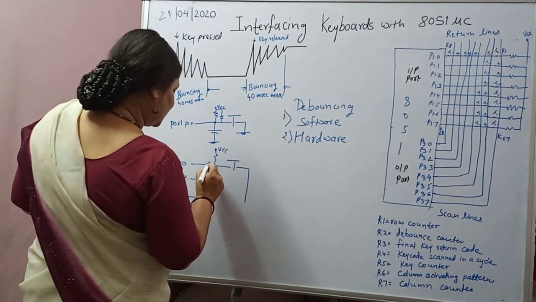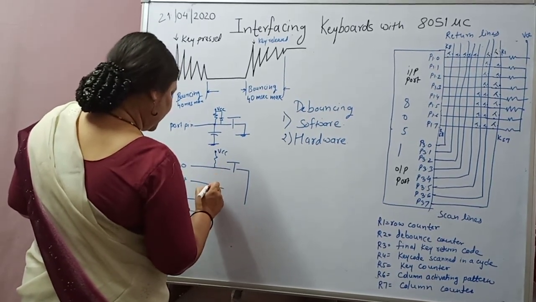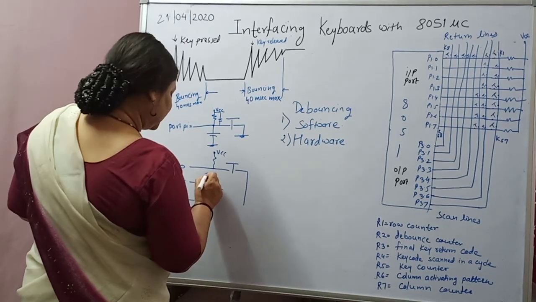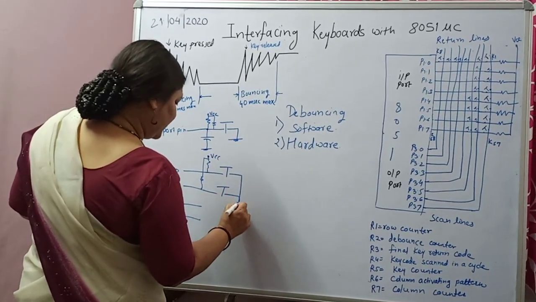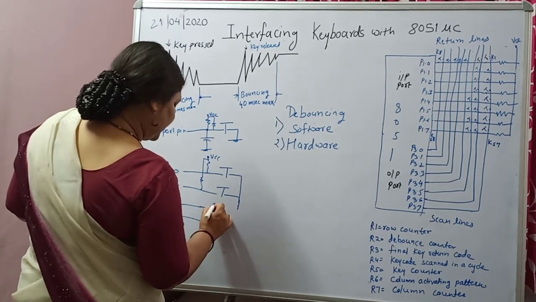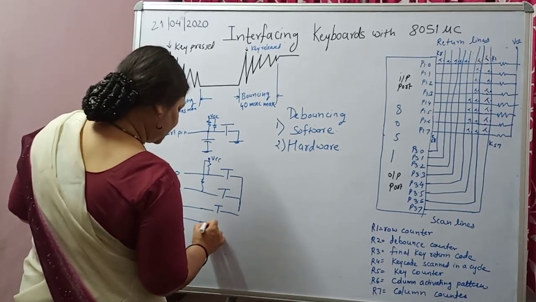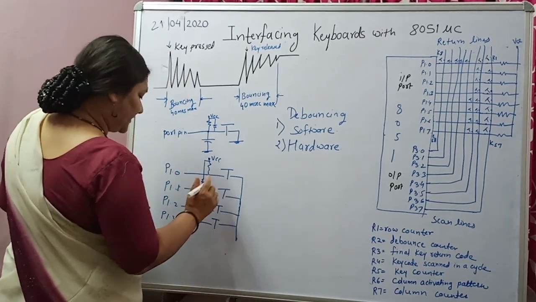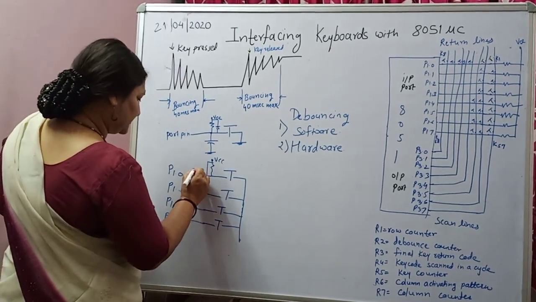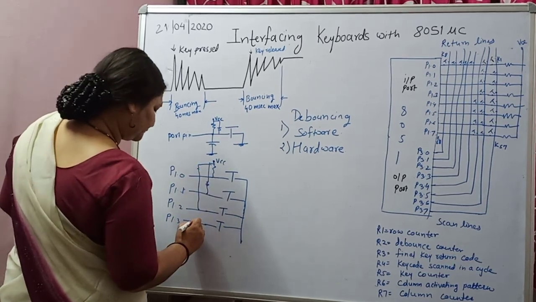Similarly at the next place you will have the same structure: the resistance connected to VCC, the key, and then ground. Similarly for the other pins you will have this type of structure. So 4 keys.